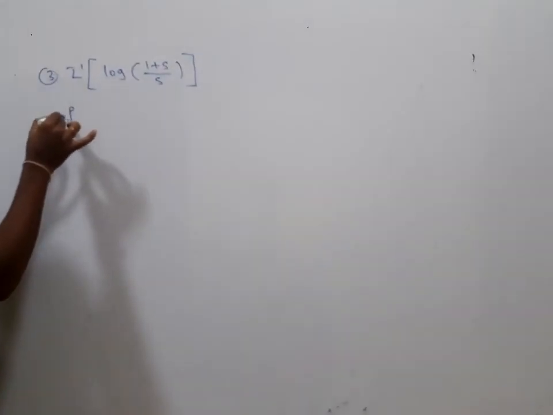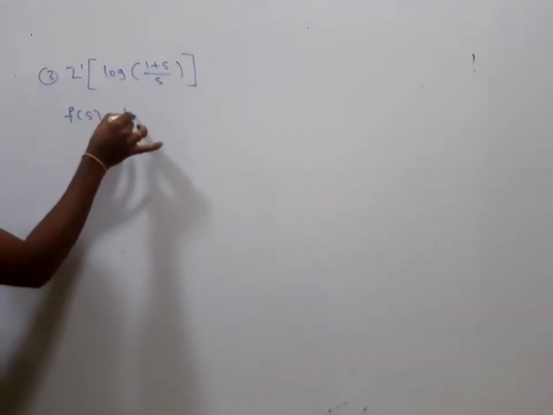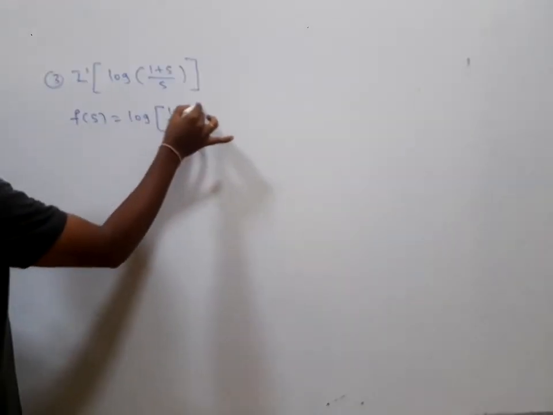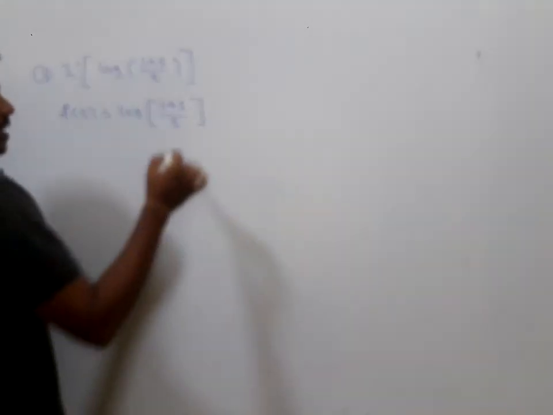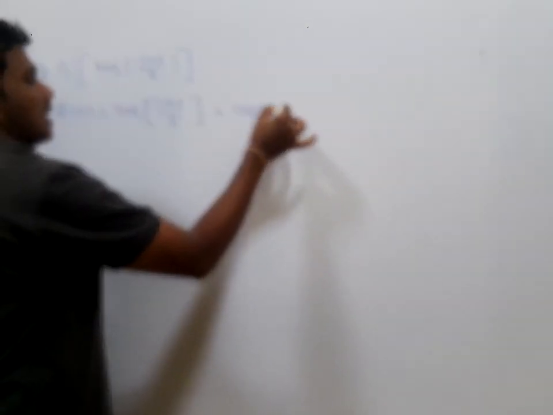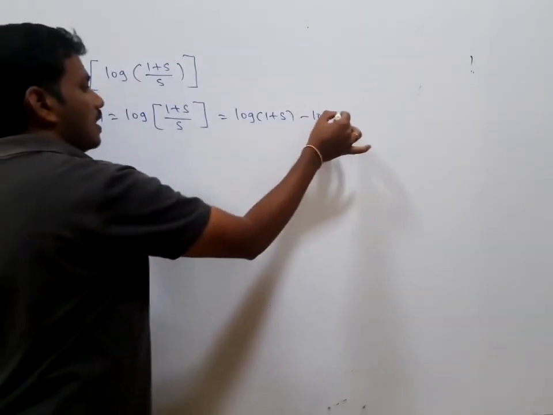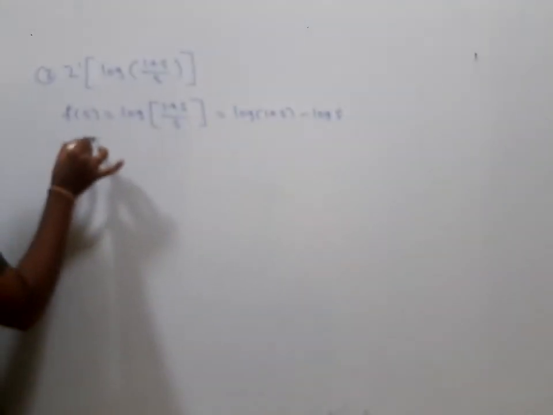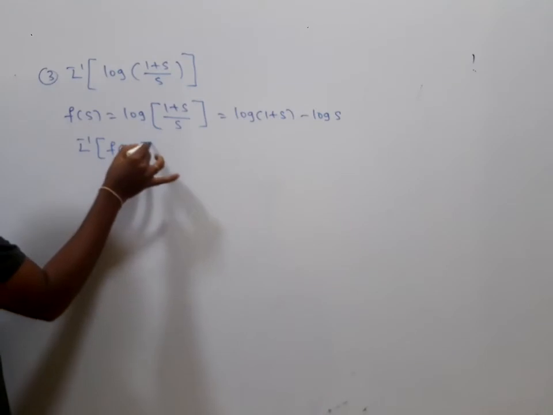Listen, now I am going to take f of s is equal to log of (1 plus s) by s. This method is also very important. Log a by b is log a minus log b, so log of (1 plus s) minus log s. Now I go for L inverse of f of s to get the f of t.